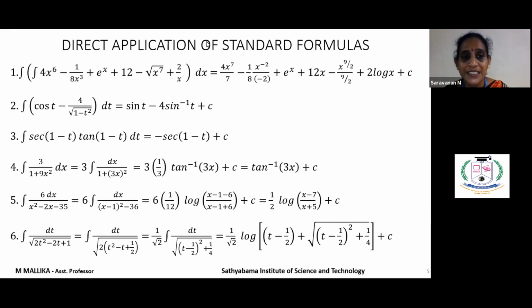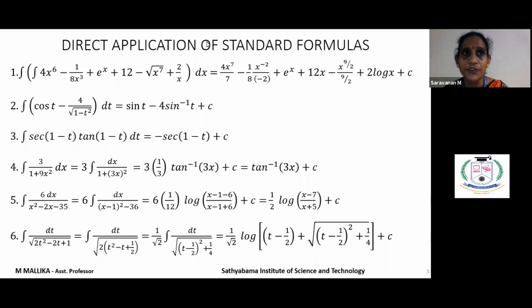In a similar way, I'll take the next problem. What we have is dx by x square minus 2x minus 35. When you look at the denominator, it is not of the form a square minus x square or x square minus a square or x square plus a square. So what can be done to bring it to the form is to express it as a perfect square. Since we have x square minus 2x, I can write x square minus 2x minus 35 as x minus 1 the whole square minus 36, because only that will give the term x square minus 2x minus 35.